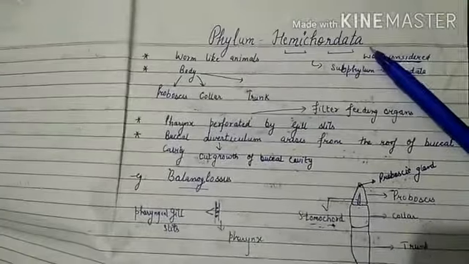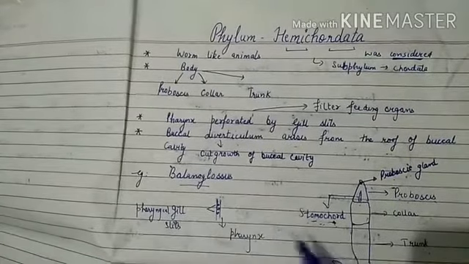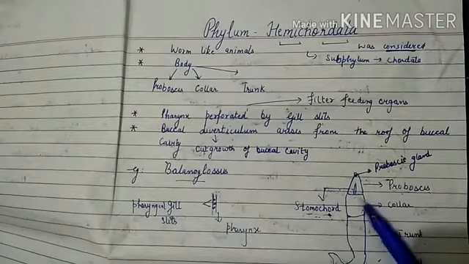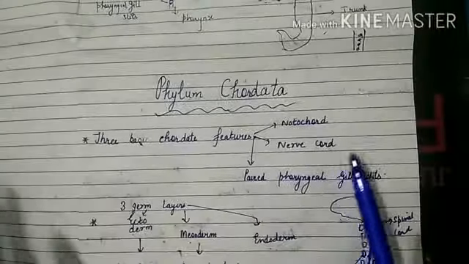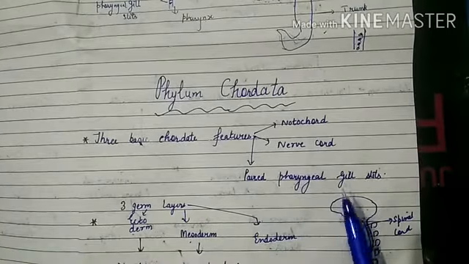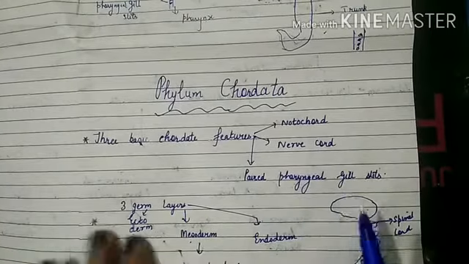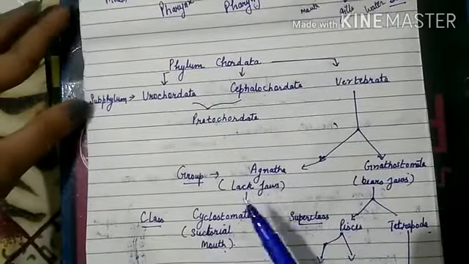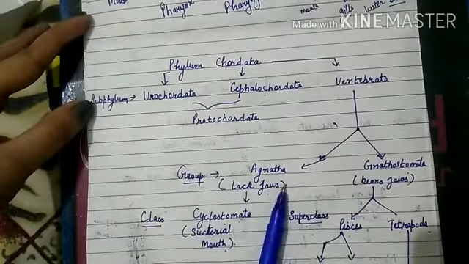So today we have studied phylum Hemichordata. We studied the example Balanoglossus, whose body is divided into three parts: proboscis, collar and trunk. Then we saw the three basic chordate features: notochord, nerve cord and pharyngeal gill slits. Then we observed the general body plan of chordates, and we saw the classification of the phylum Chordata, how it is classified into different subphyla and groups, and further into classes and superclasses.